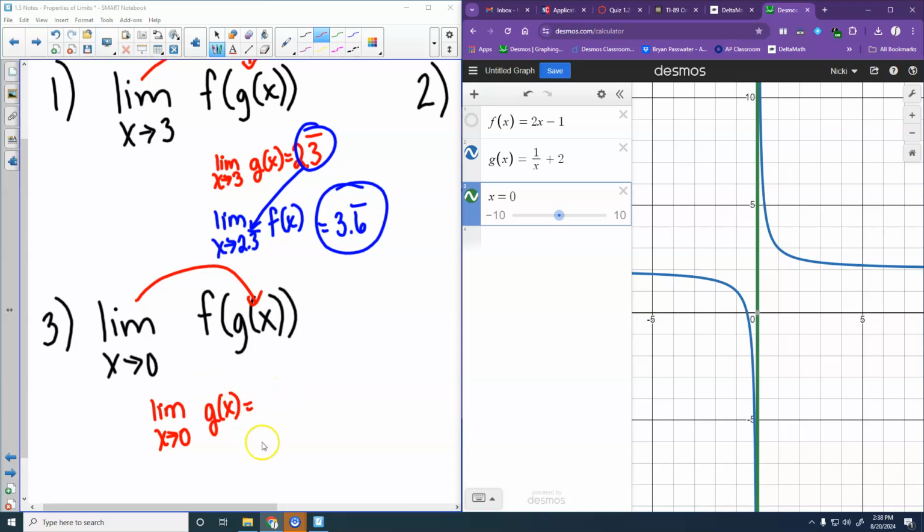What do we say about this limit right here? It does not exist. If the inside limit does not exist, the whole thing cannot exist. So we would just have to say that this does not exist, and since it does not exist, then this does not exist either. So that would be our answer for this one.